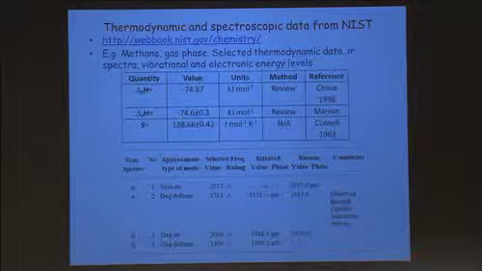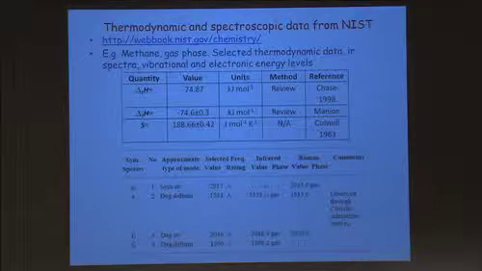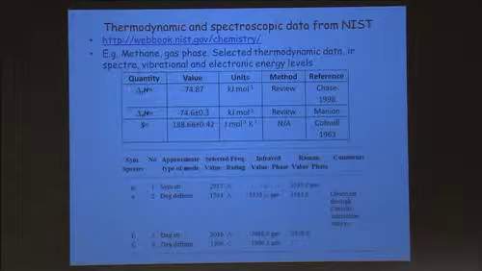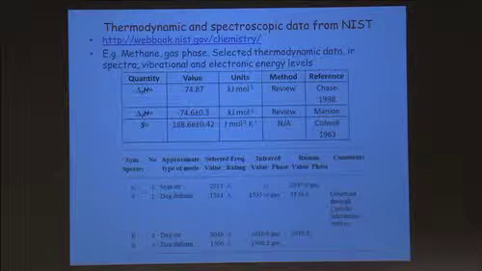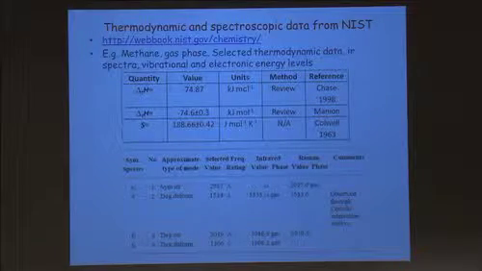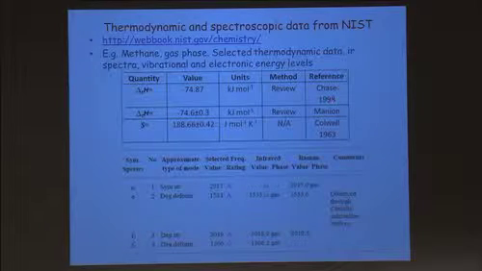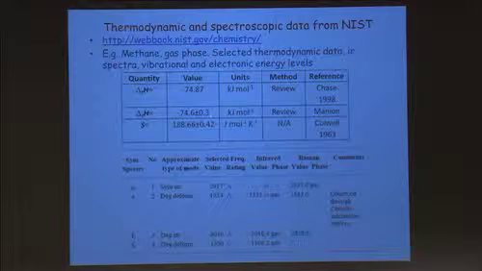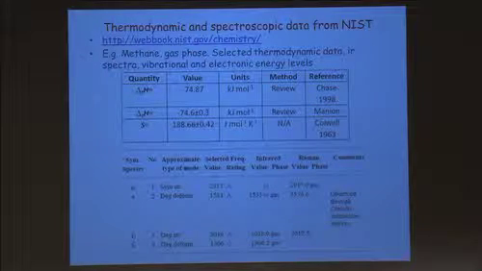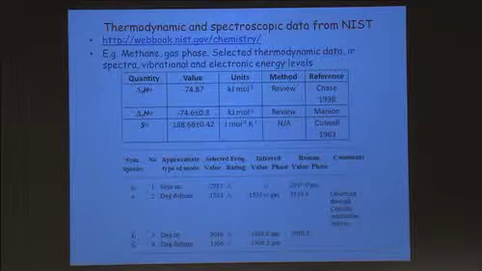Unfortunately, I haven't put the label here, but this is the enthalpy of formation, and these are in kilojoules per mole, and this is the source of the information. And this is an alternative value with a more recent determination. And this is the entropy.